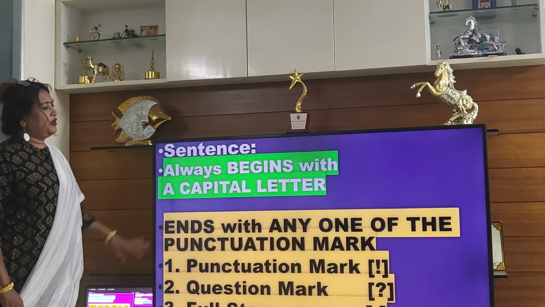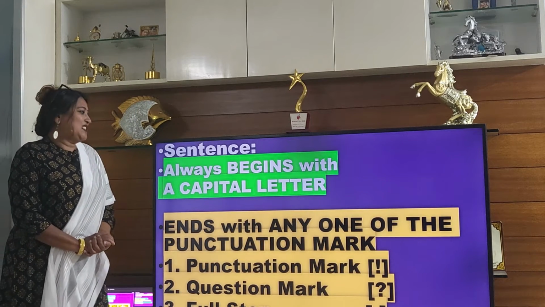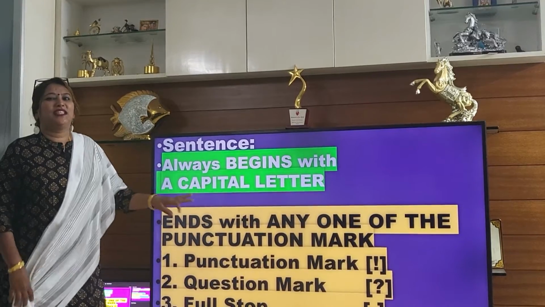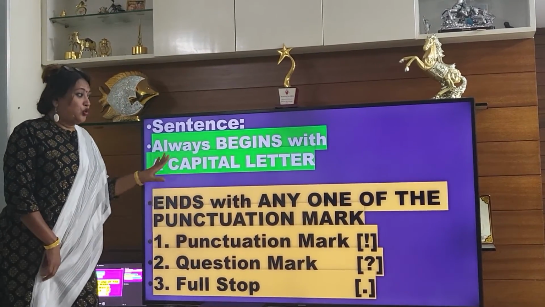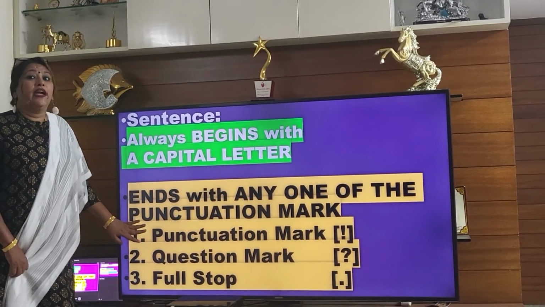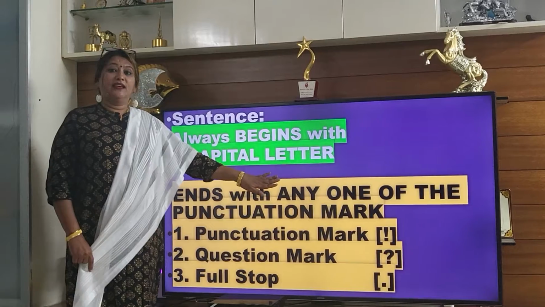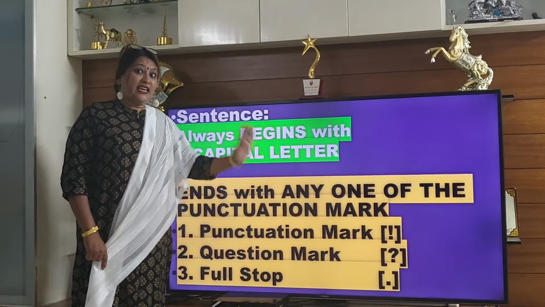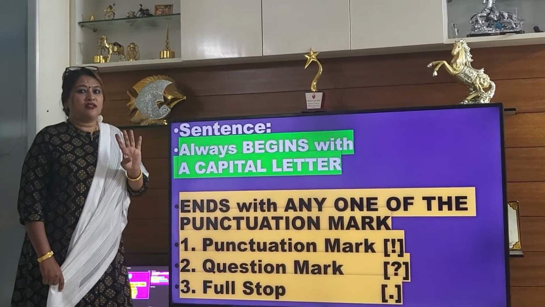The sentences. Now, a sentence always begins with a capital letter. These are the identification points. Through these two bullet points, you are going to identify whether a given group of words forms a sentence or not.